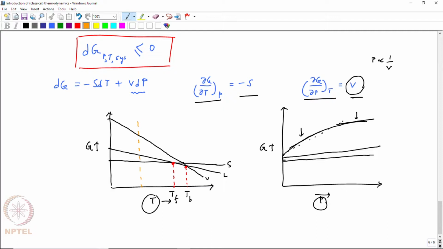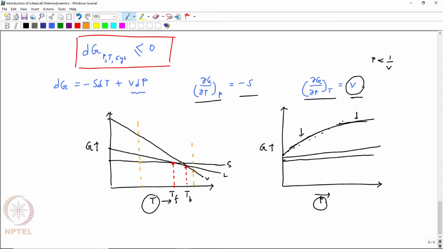So at this temperature, we see the solid curve is lying much lower, which means the Gibbs free energy of the solid is much less compared to the Gibbs free energy of liquid or gas or vapor. So we see that the solid is the most stable phase at this temperature and pressure. Similarly, if I draw a line here, I see that the vapor is the most stable phase here.